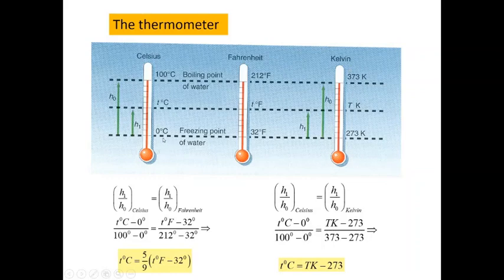So 0 is 273, you add 273, 100 is 373 Kelvin. Or if you know the Kelvin value, you subtract 273 and you get the temperature in degrees Celsius.